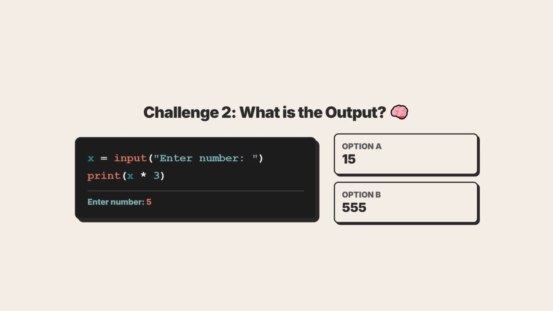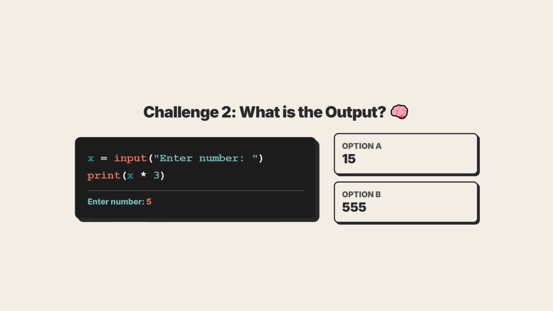x equals input, "Enter number". Print x times 3. If the user enters 5, what will the output be? Option A, 15. Option B, 555. Take a moment to decide.